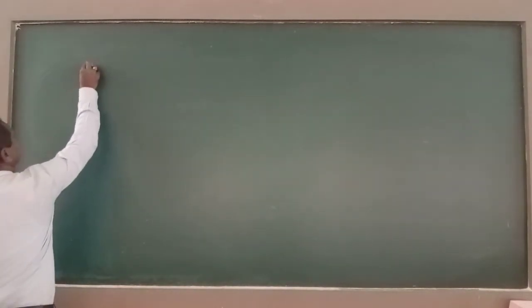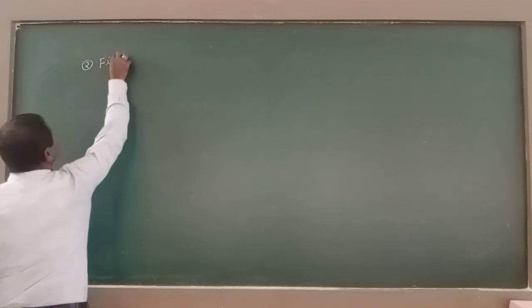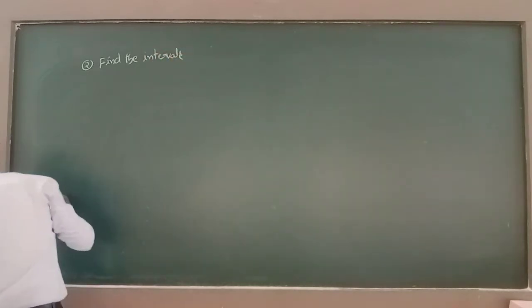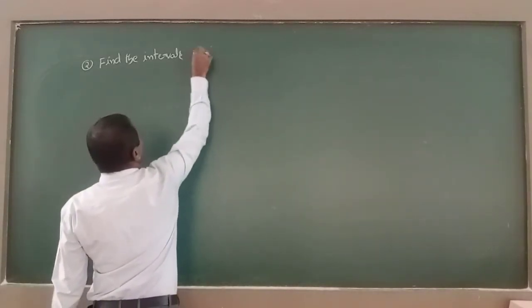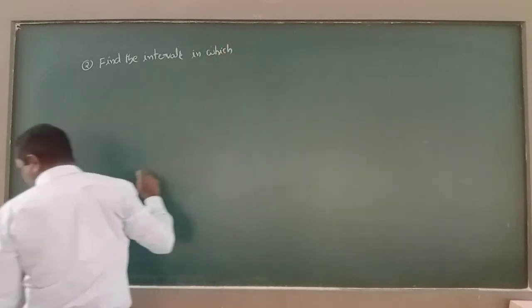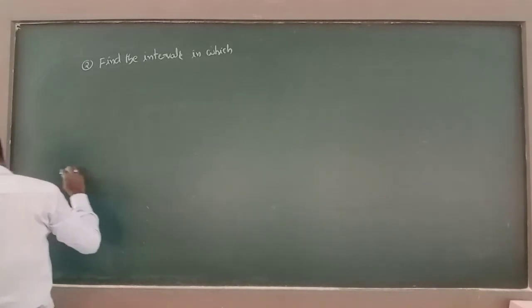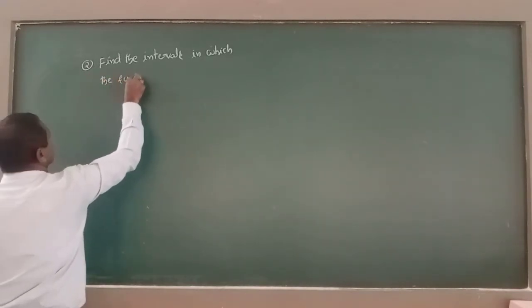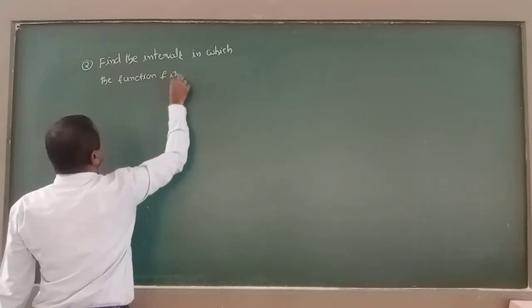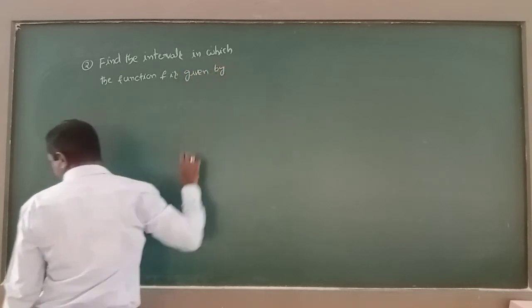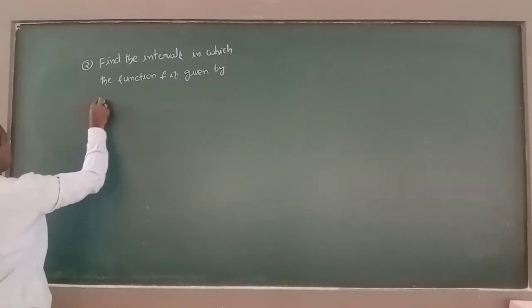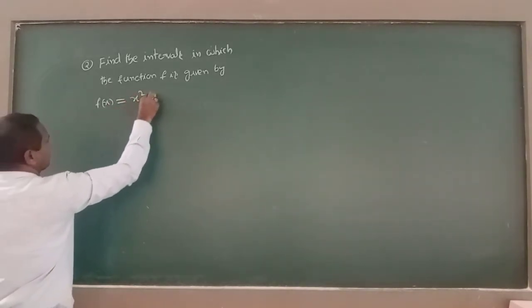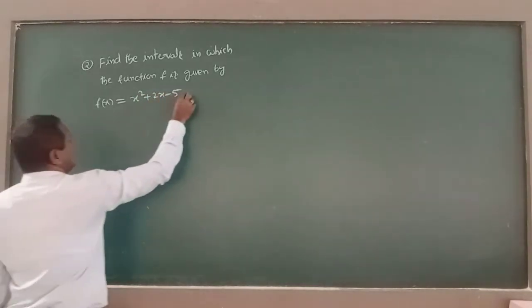Find the intervals in which the function f is given by f of x is equal to x square plus 2x minus 5 is strictly increasing.